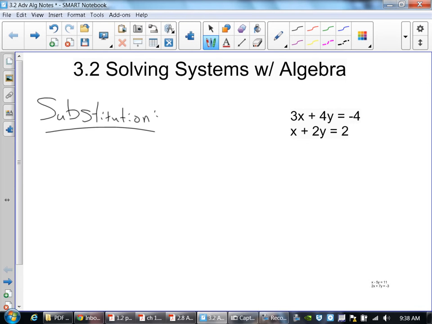All right. Obviously, what I would do here is I would use substitution if a variable is by itself or can be easily.